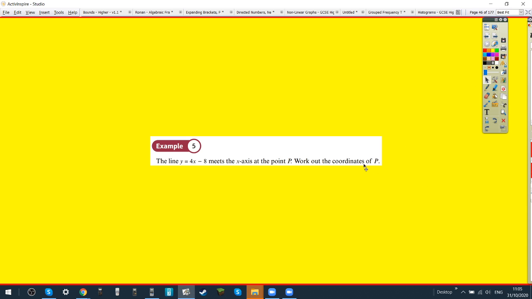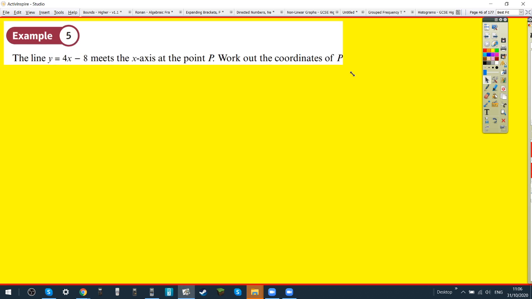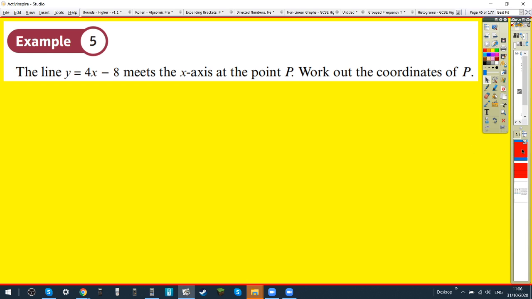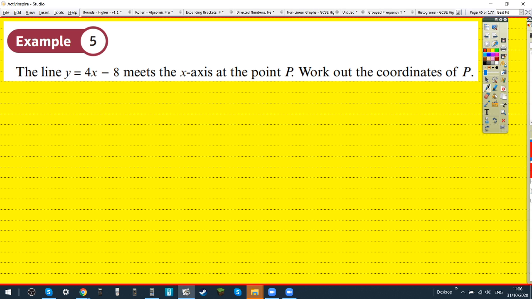Alright, how about this? So when it meets the x-axis, would the y coordinate be 0?